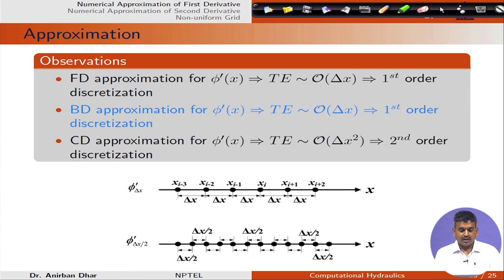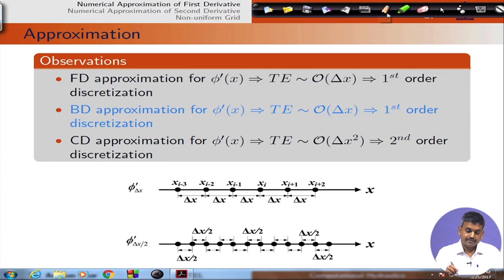If we take the same problem and discretize with delta x, which is equal spacing of the node points, and in the second case we divide it by 2, that is the distance between the grid points, then obviously this second grid is much finer.